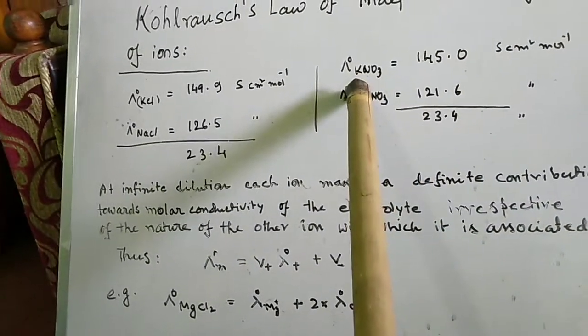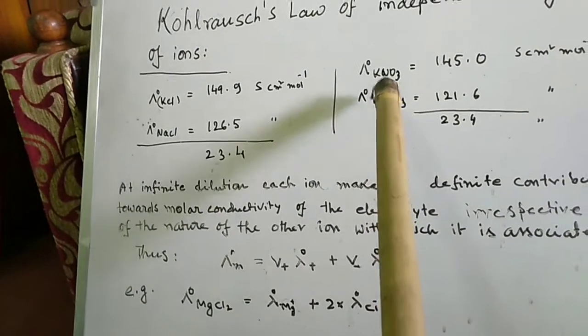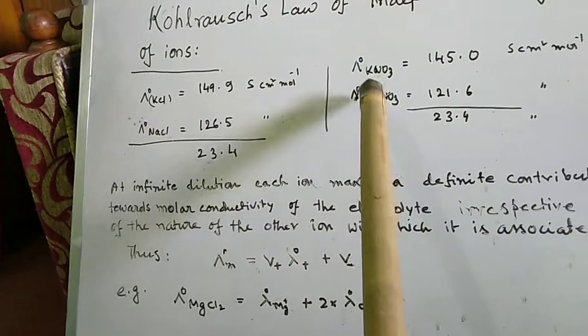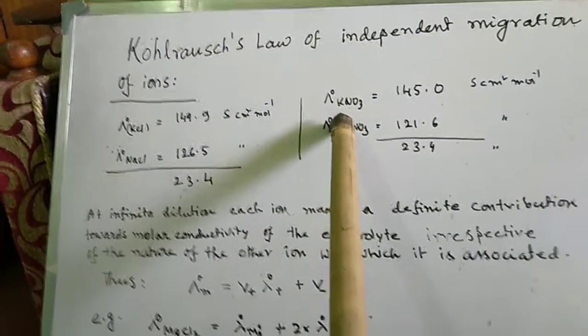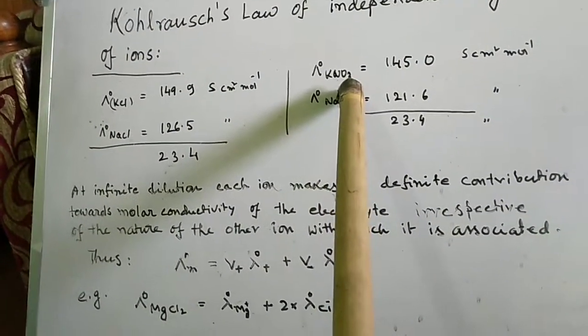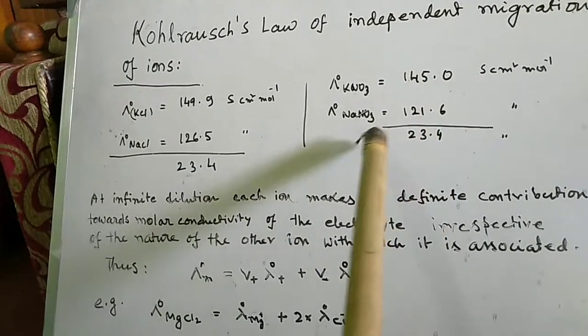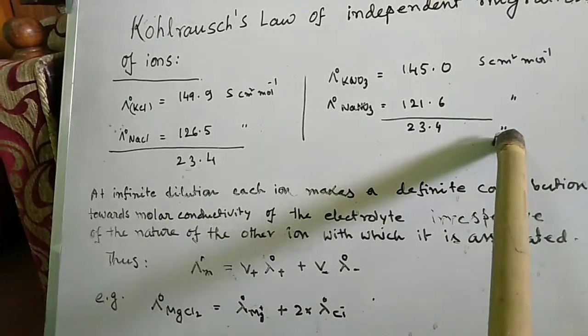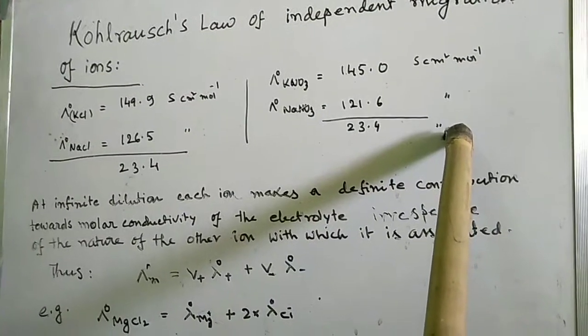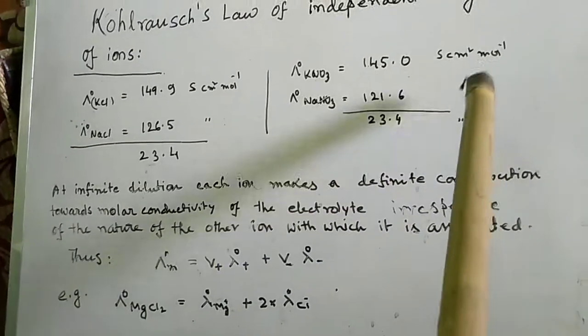Now keeping the cation the same, he changed the anion and found the molar conductivity at infinite dilution, and he found that the difference is still 23.4 Siemens centimeter square mole inverse.